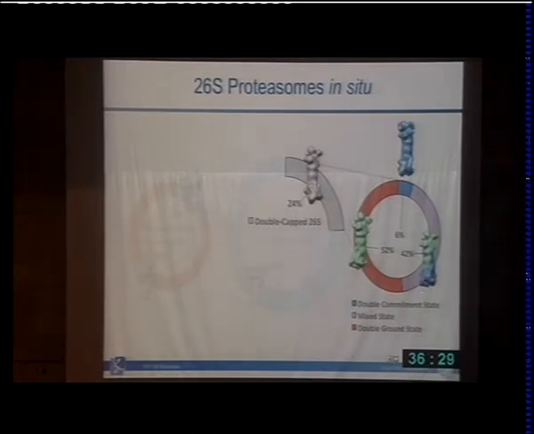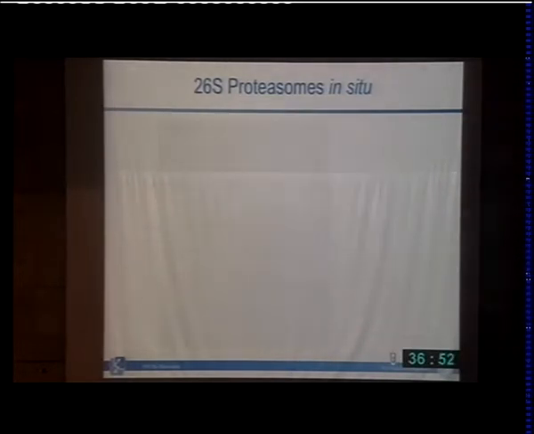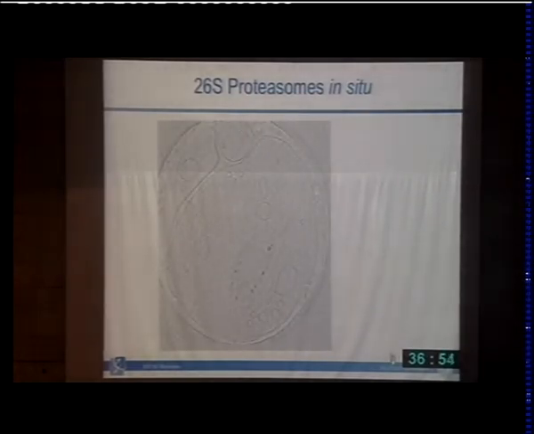Whereas the majority are active only at one end. So there's obviously no correlation between the states at the two ends. That is also the reason, by the way, why we have always refused to impose twofold symmetry on 26S reconstructions, because we knew already from the single particle data that the two ends were usually in different states.